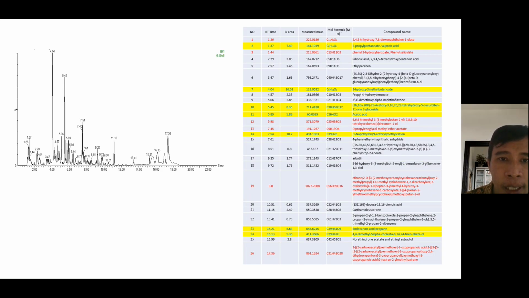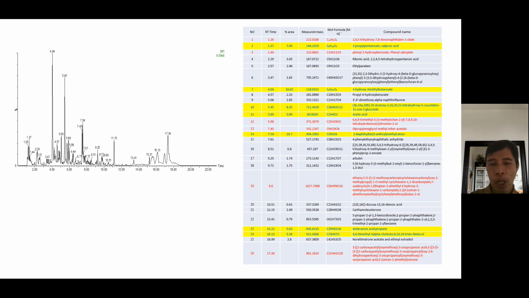And this is the identity, like retention times and percent area showing the relative concentrations of the metabolites, and also the molecular mass, the molecular formula, and the compound names. Based on this data, we can use it as supporting data for other experiments, and probably combine it with other methods of metabolic analysis.